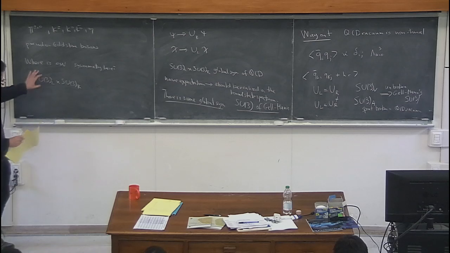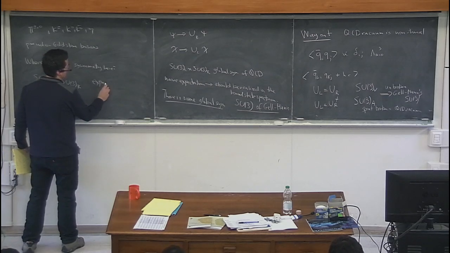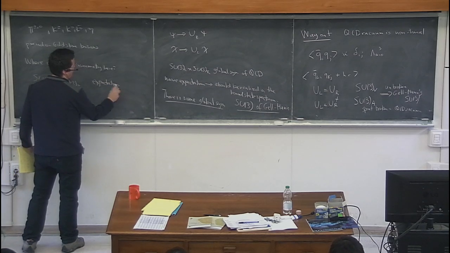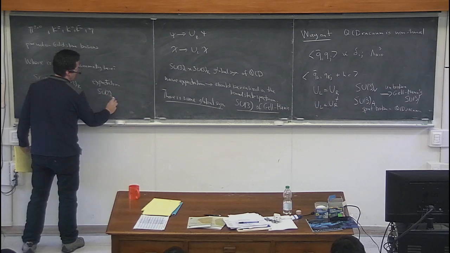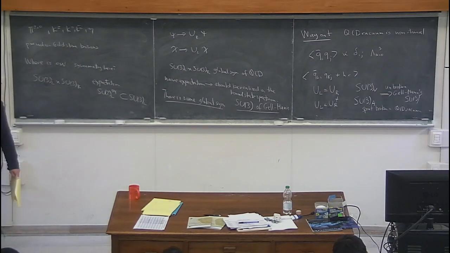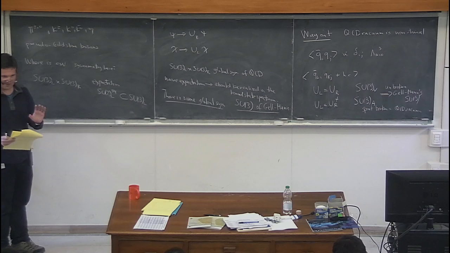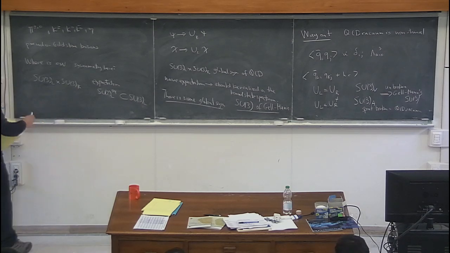So the expectation is that the SU2 left of the standard model is embedded into the SU3 left of the flavor symmetries of QCD. The story is a little more complicated, and again, I will not go into detail.